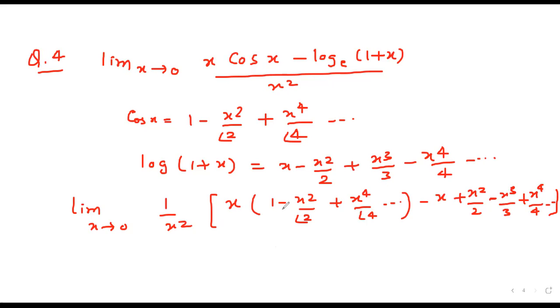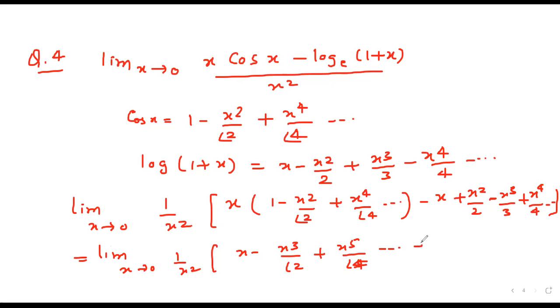So here the first term will cancel out, and we can write it as limit x tends to 0, 1 upon x square times [x minus x cube by factorial 2 plus x power 5 by factorial 4 ... minus x plus x square by 2 minus x cube by 3 and so on].